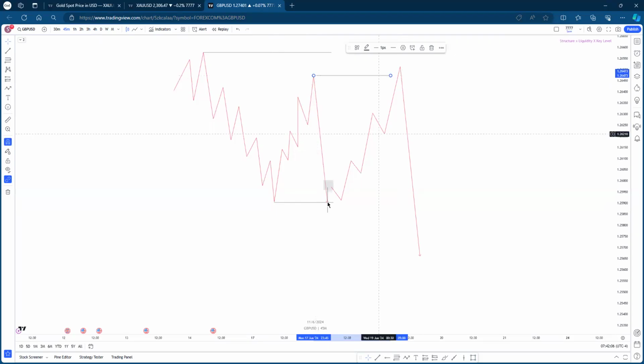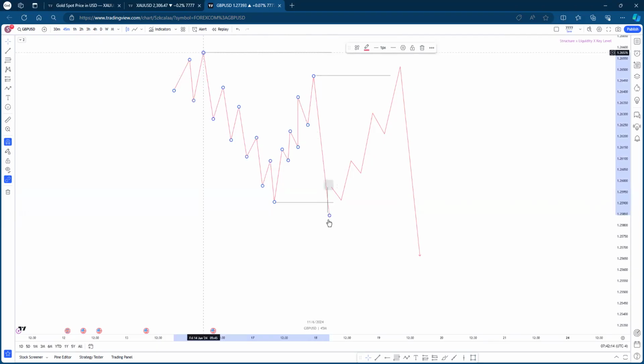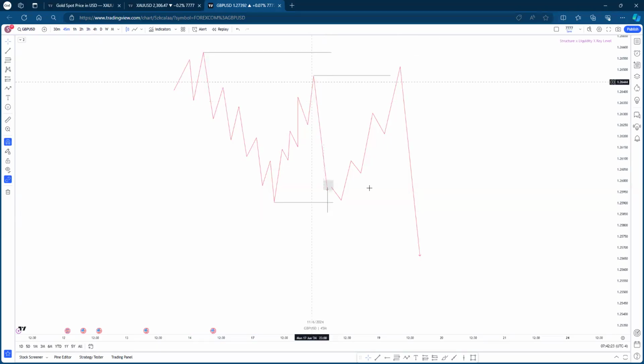But if it closes below it as a body, we know that our new strong high moves from this to this particular one. But if it just sweeps above it and closes above it, this new strong high becomes very, very low probability, because price is likely going to come back to use it as our last internal range liquidity close to the strong high and drop.